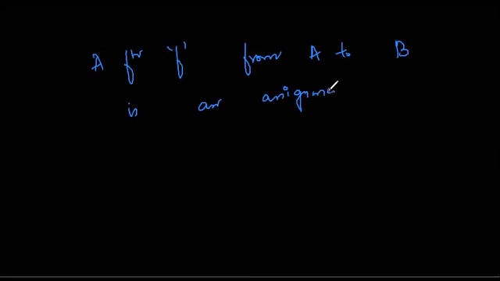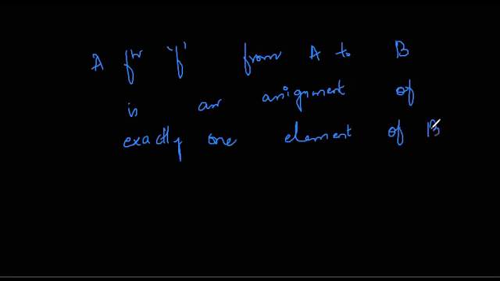A function is basically this: whenever we are using sets, if A and B are non-empty sets, a function f from A to B is an assignment of exactly one element of B to each element of A. So this can be denoted by this example.